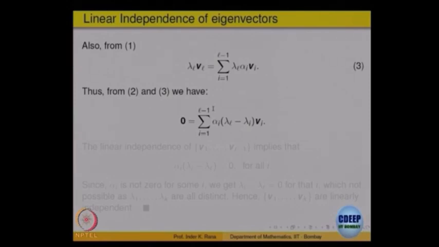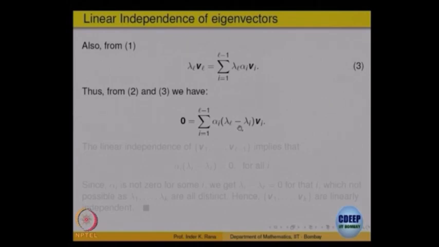Now I know that the V_i's are linearly independent and this linear combination is equal to 0. So that means all the scalars must be equal to 0. So alpha i times lambda L minus lambda i must be equal to 0, but at least one of the alpha i is not equal to 0.